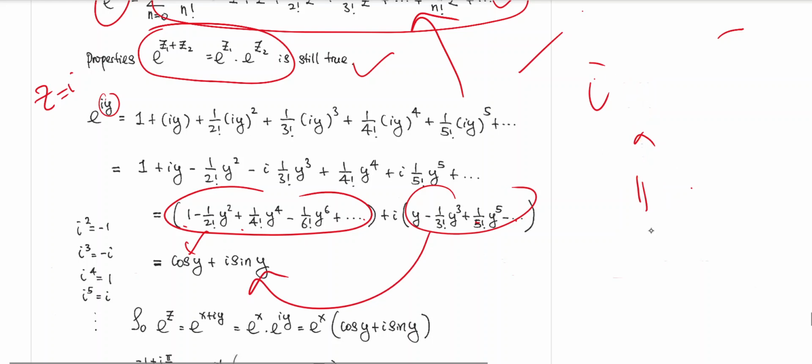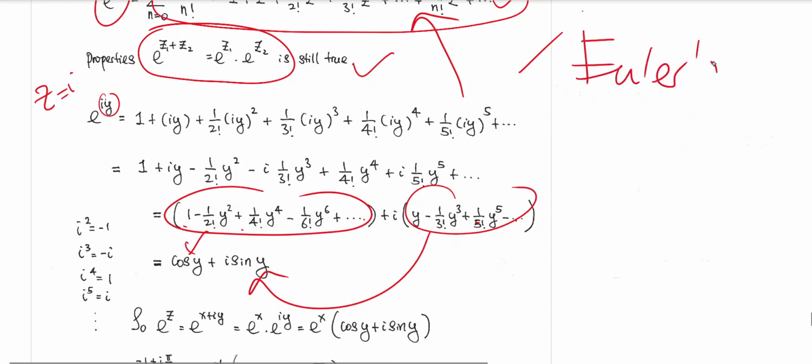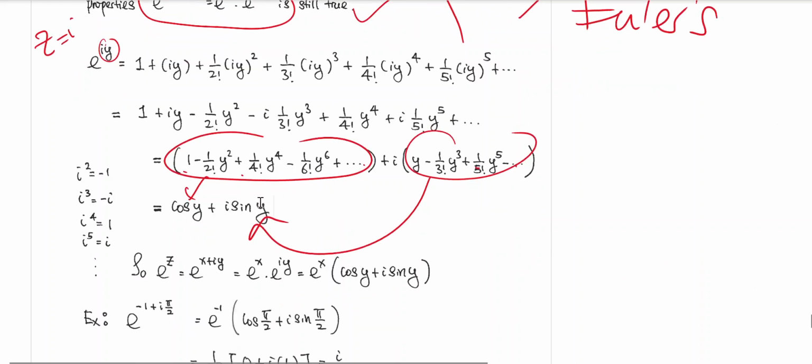So apparently, if you do e to the iy, this is what you get: cosine y plus i sine y. This is also sometimes known as Euler's formula. Remember Euler, we talked about his story multiple times in class. And so once you have e to the i theta defined, e to the z will be easier now.